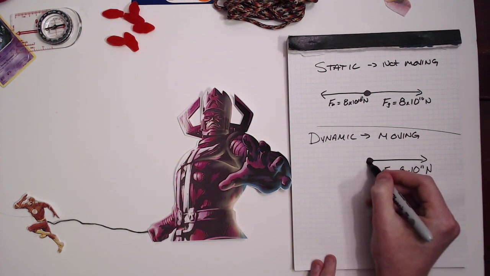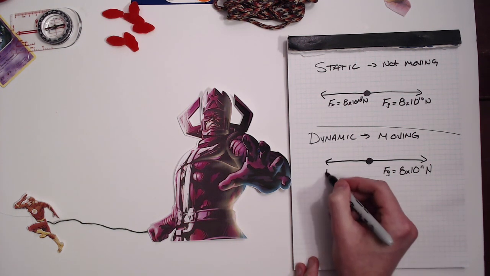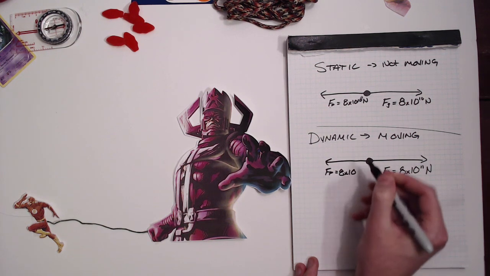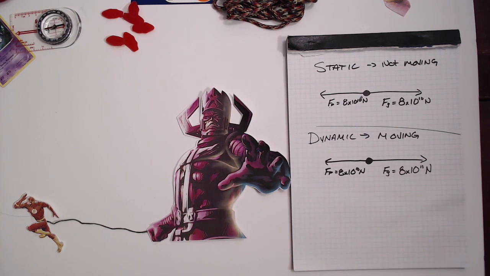Okay? And let's say that the Flash can only still exert a force of 8 times 10 to the 10th newtons. The question is, who's going to win the tug of war, and what will be their acceleration?